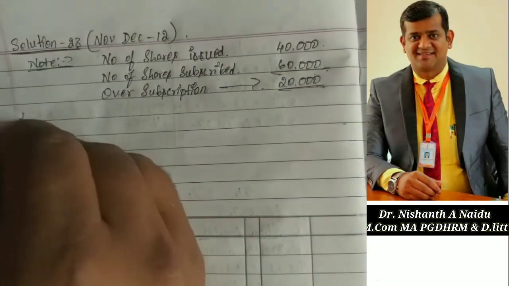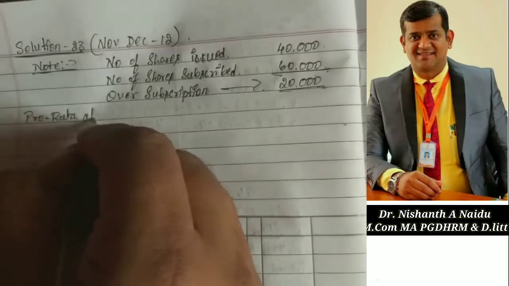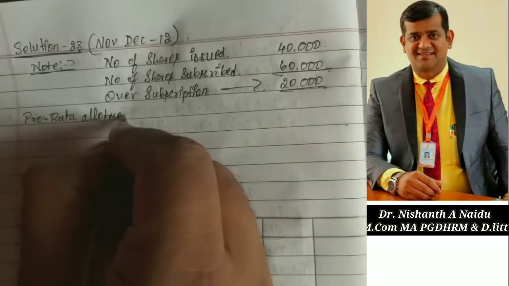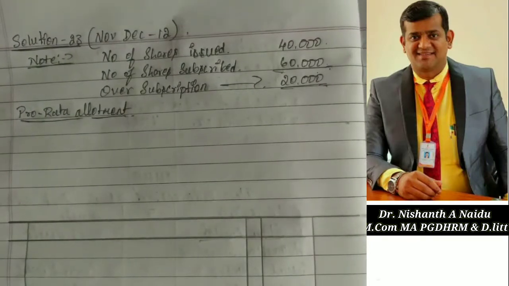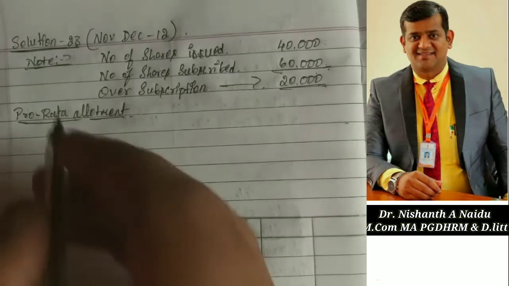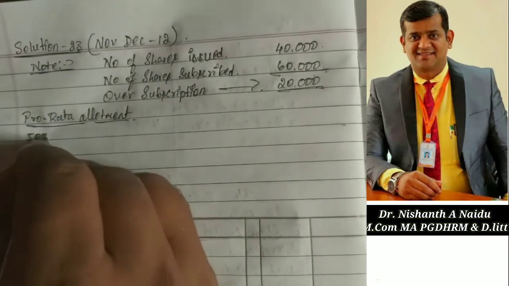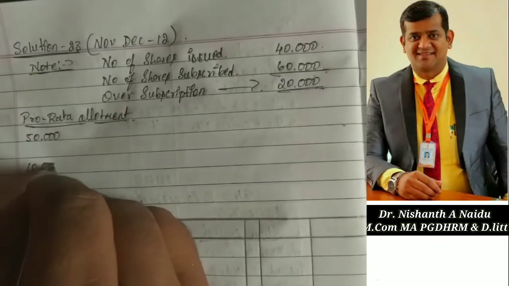So what we have to do is a pro rata allotment. While doing a pro rata allotment, what is the number of applications kept by the company? The shares were allotted pro rata to the applicants of 50,000 shares. So we are keeping 50,000 shares with us. Then rejecting how much? 10,000.